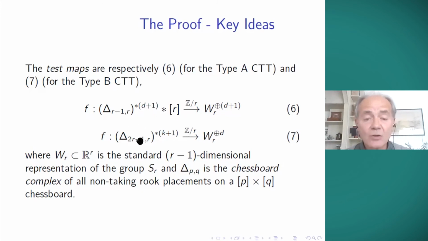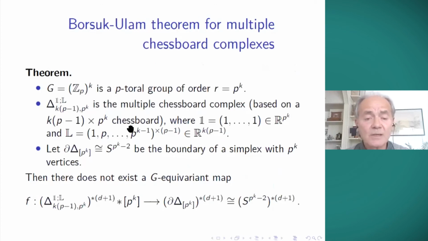So these are all standard or classical chessboard complexes. Now, in order to obtain the multi-valued Colored Tverberg theorem, which I just explained, this scattering of clusters point, you need a similar statement, but more complicated.